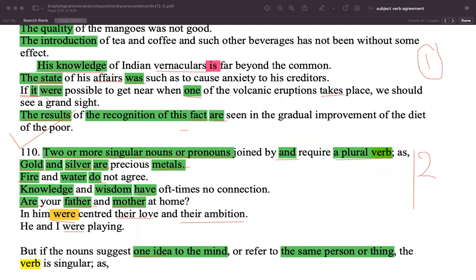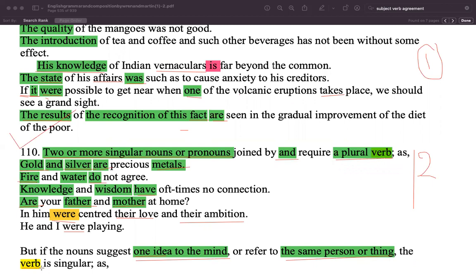Let's go to the next one. The next one indicates that if the nouns suggest one idea to the mind, or the noun refers to the same person or same thing, the verb is singular.